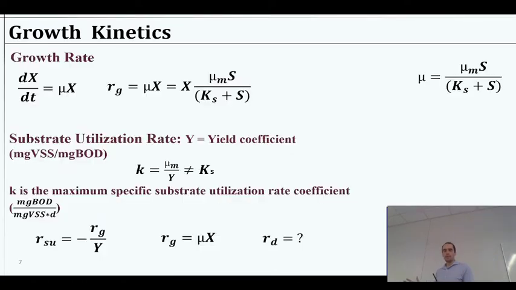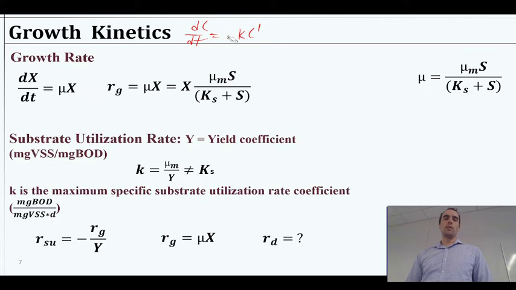So to put these things together, we can take a look at our growth rate, dX/dt. Like I said earlier, that's going to be equal to mu X. So very straightforward equation. This is a first order growth rate. It's as if we said dC/dt. From the start of the class, we've done stuff like dC/dt equals negative k C to the 1 power, right?